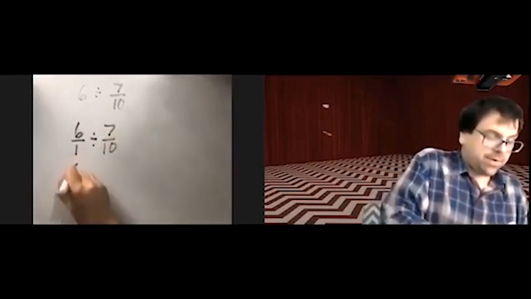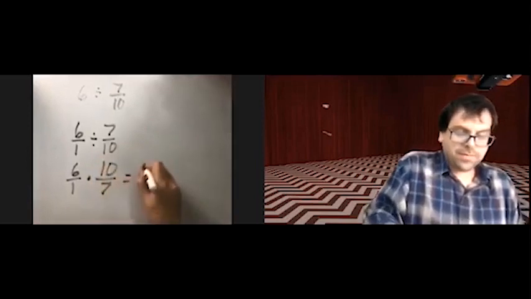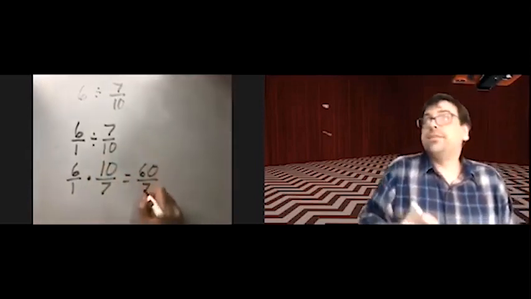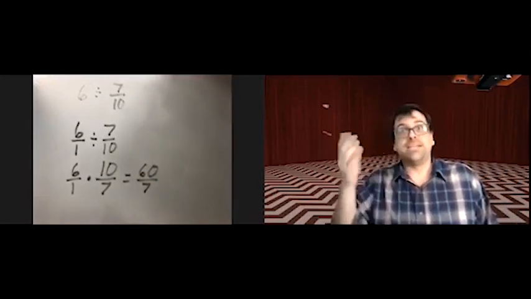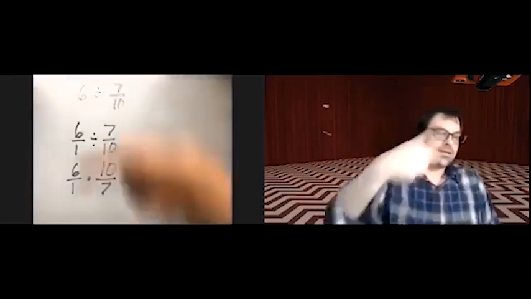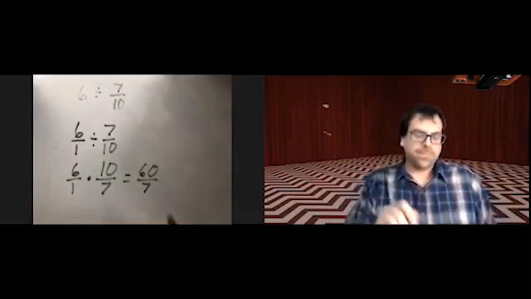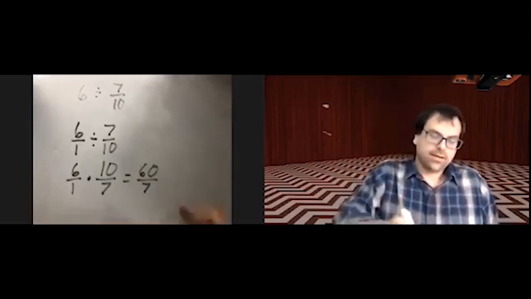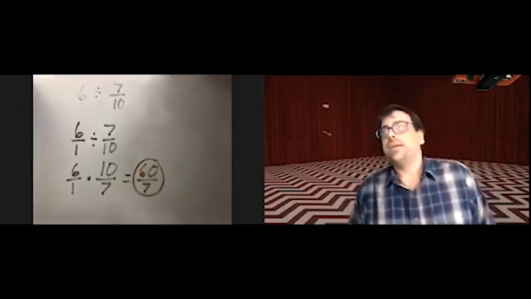And then keep, change, flip. 60 over 7. And unless they give us an indication that we need a mixed number, since it's not containing a mixed number in the original problem, we do not need to divide that out and get a mixed number.